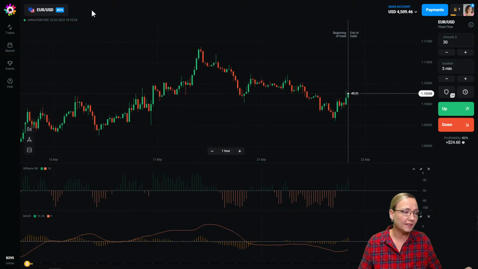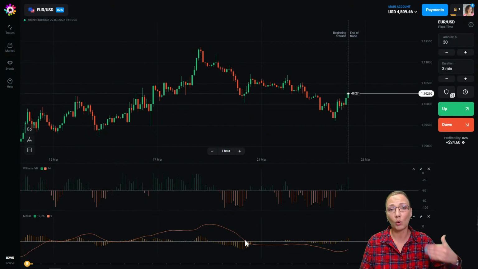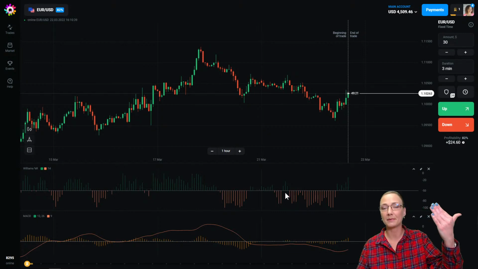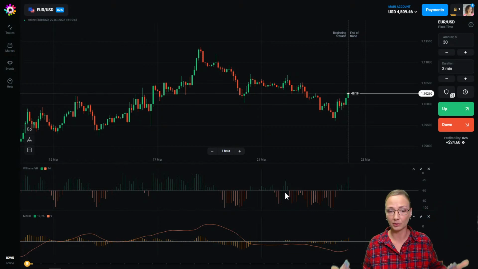First of all, if the signal line crosses the midline up or down, this is also a signal. If it crosses to the upside, that means it's an additional signal to open an up trade. If it crosses the midline to the downside, that's an additional confirmation to open a down trade.